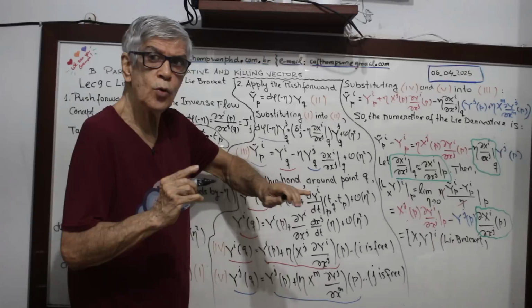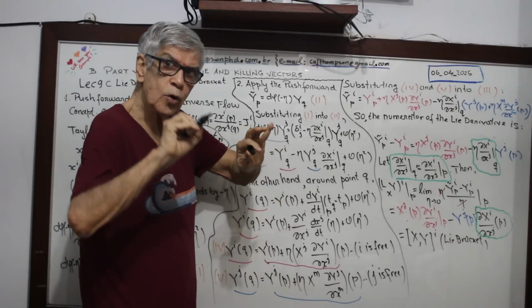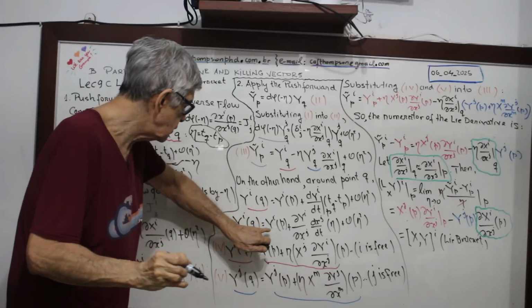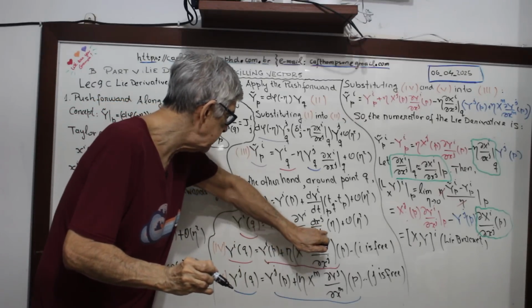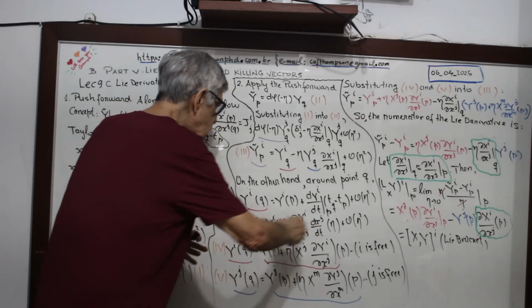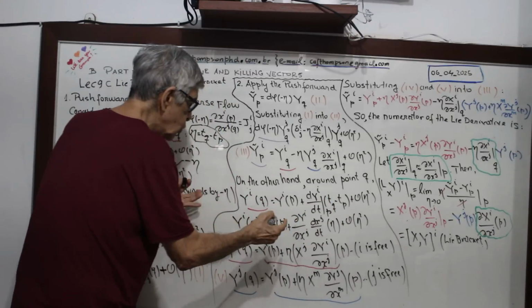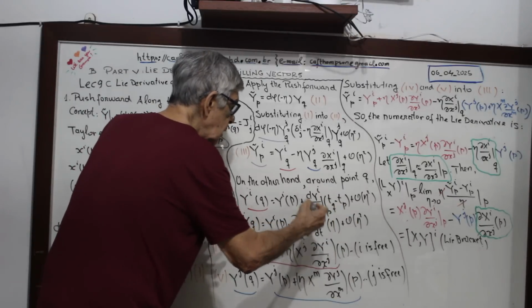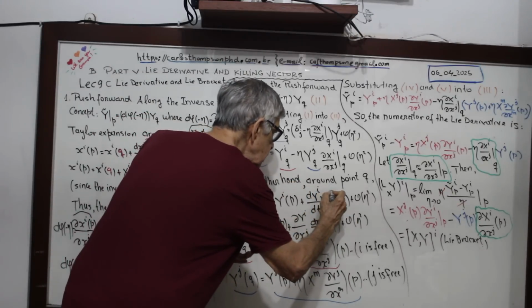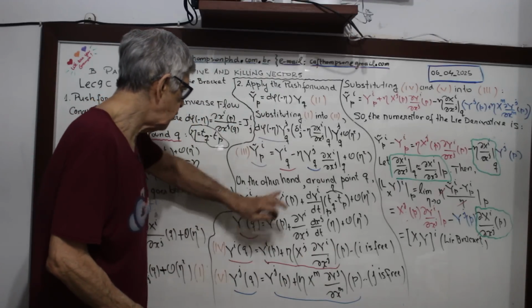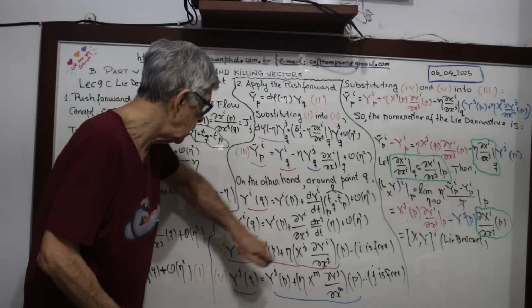Around q, I look at p on the right hand side. So this is p. We use the Taylor expansion just to obtain this. But here, attention now, here is eta. So from here, just copy down here.